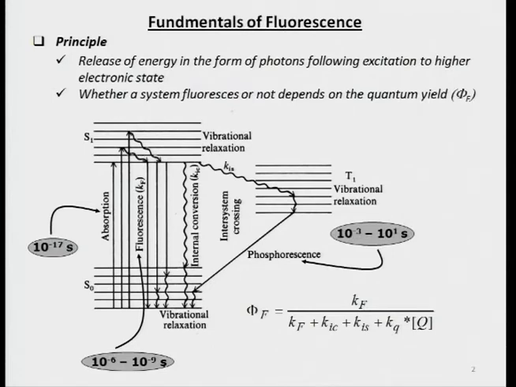Because we are going to do the experiment, we always have to worry about these quenchers. One of the common quenchers is oxygen. Dissolved oxygen can also quench your fluorescence, so you really have to be careful. And obviously the concentration of the quencher matters. So this is the quantum yield. You have to have a reasonable quantum yield in order to detect what is actually happening to the system.